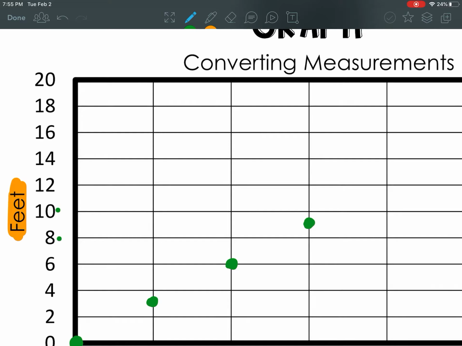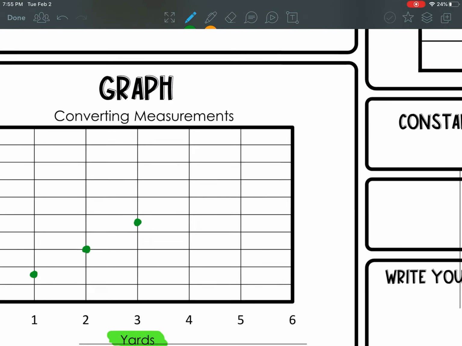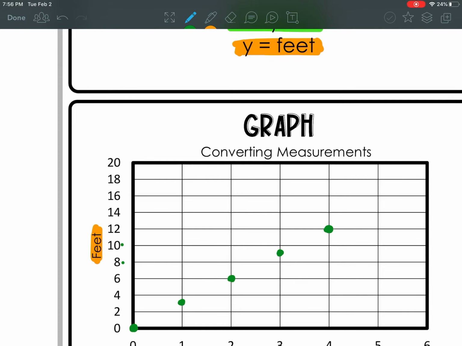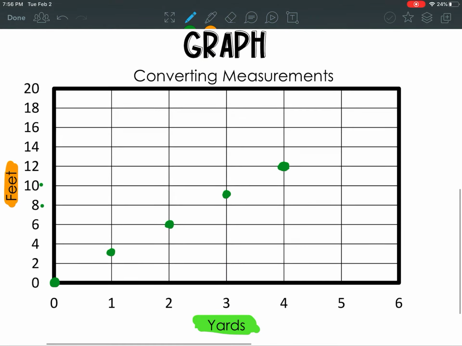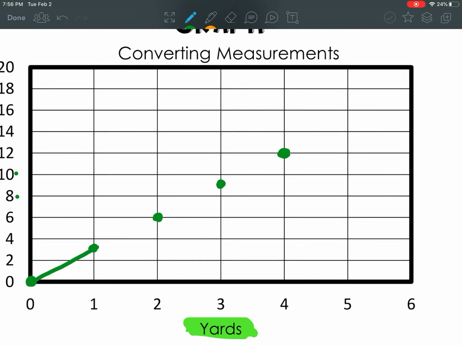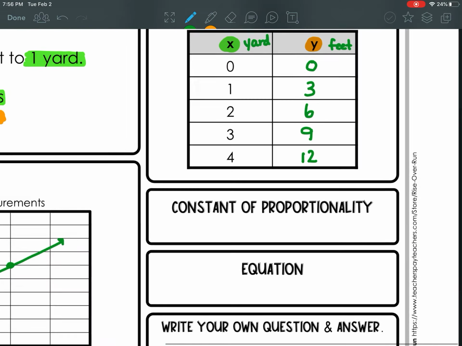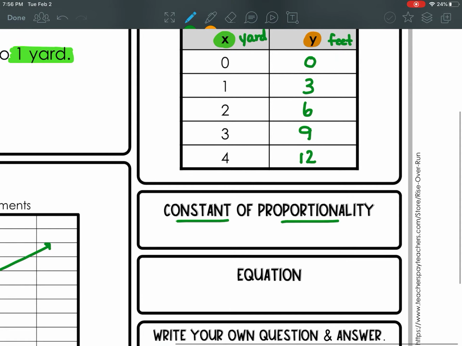So again, we have to go in between our 8 and our 10. So right in between will be 9. And then 4 yards we had as 12 feet. And we could keep going, but our table, that is all that is included in there. So we're going to connect those points and draw arrows to show our line. So there's our graph and our table.